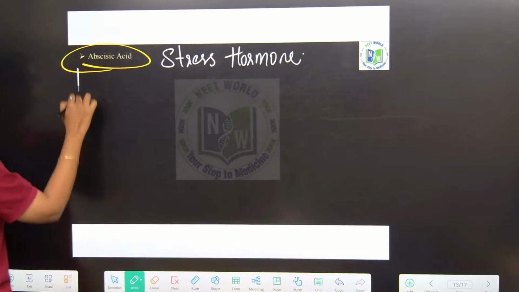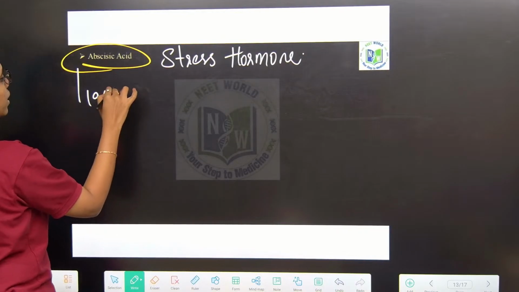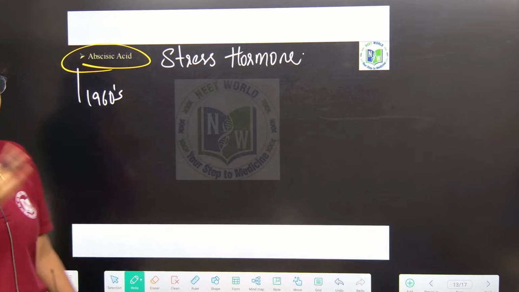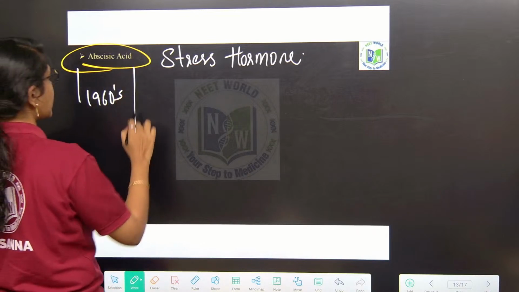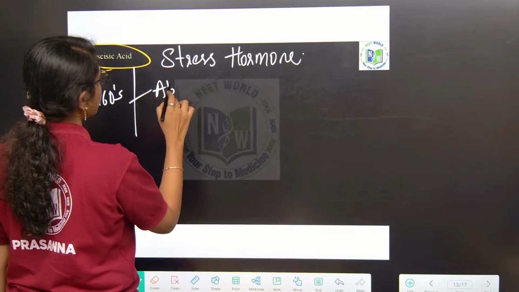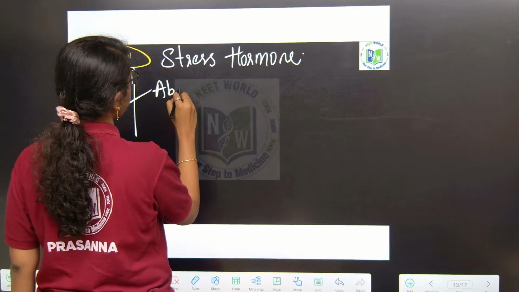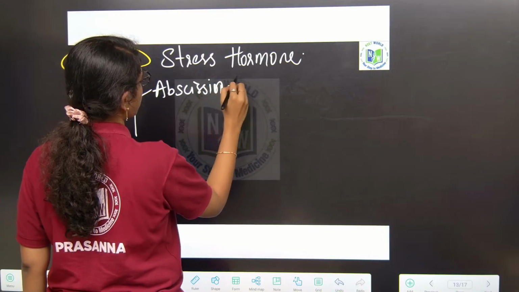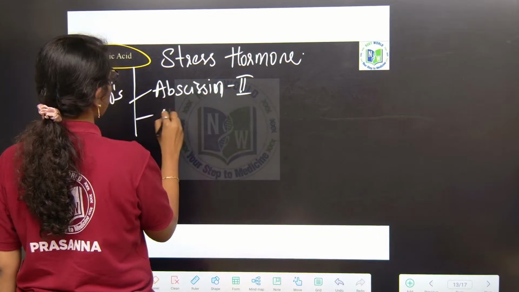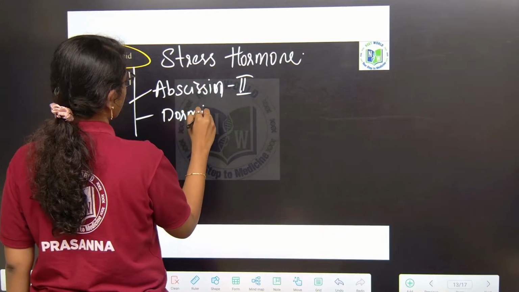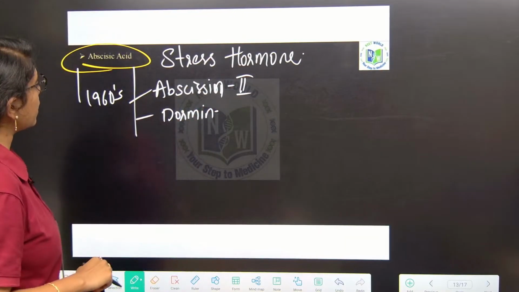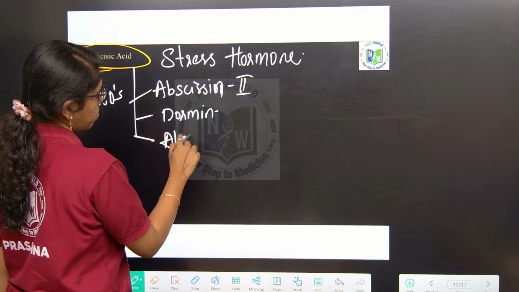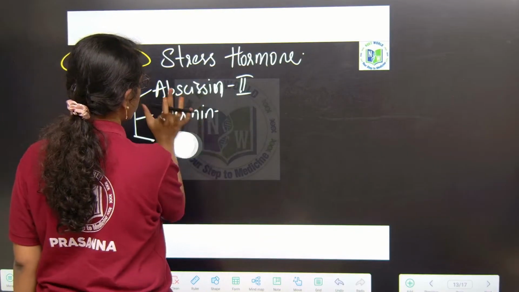In the 1960s, 3 different scientists from 3 different laboratories discovered abscisic acid as abscissin, dormin, and one more, abscissin beta.